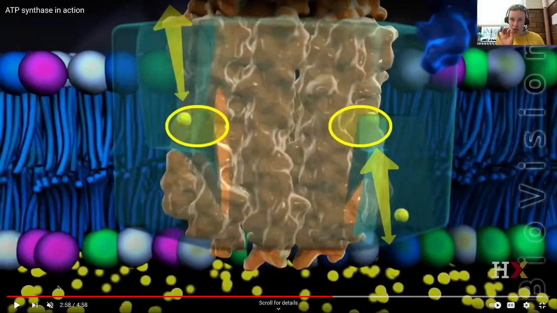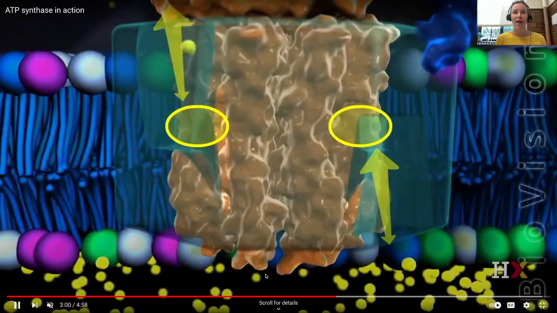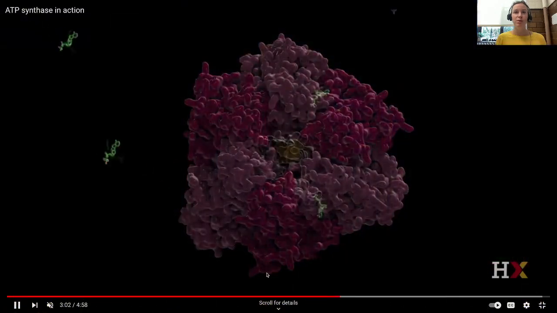But what you could see there is, in addition to the protons being sucked in and released, you can imagine that right here in between these two yellow circles is our arginine, where that negatively charged aspartate is being pulled towards that arginine as we grab and release those protons.